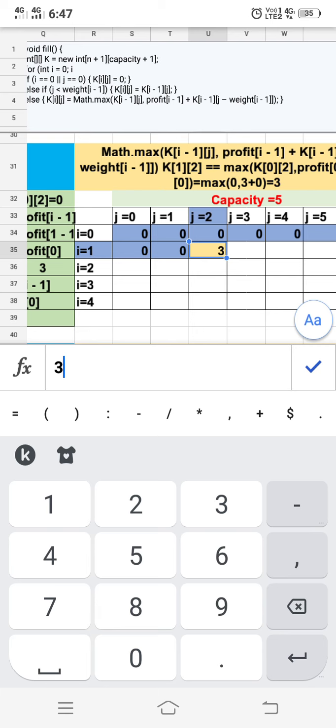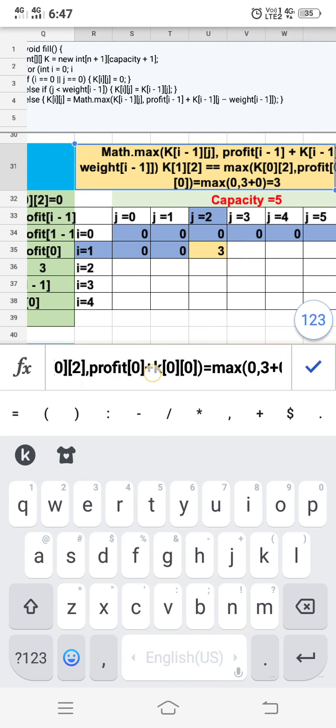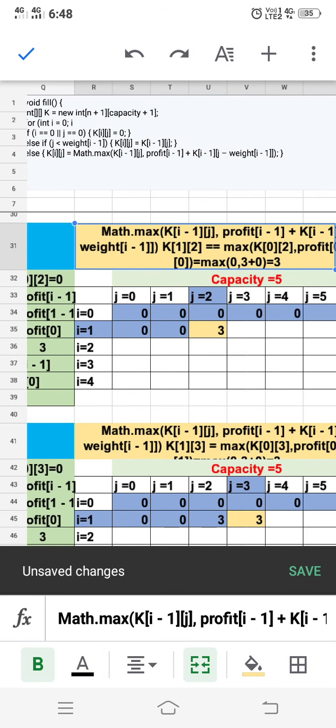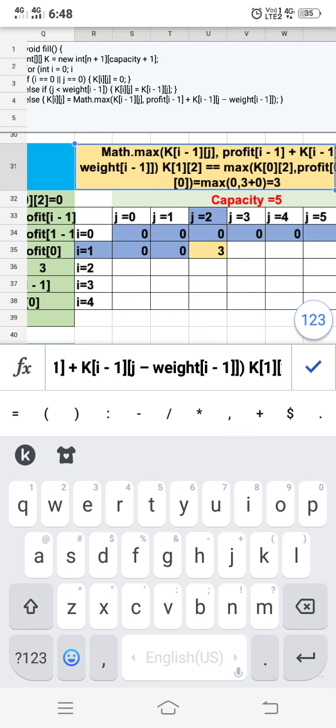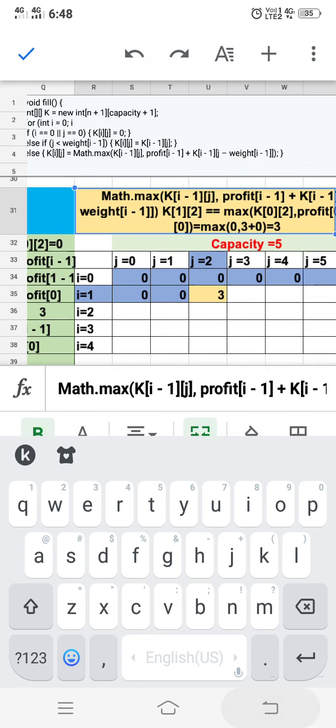Otherwise, if the j value is lesser than the current object's weight, the value at k of i, j will be equal to the value at k of i minus 1, j. If the j is not lesser than the current object weight, then the formula to fill up the entries at k of i, j will be maximum of k of i minus 1, j, comma, profit of i minus 1 plus k of i minus 1, with the column value j minus the weight of i minus 1. Like this we will fill up the entries.